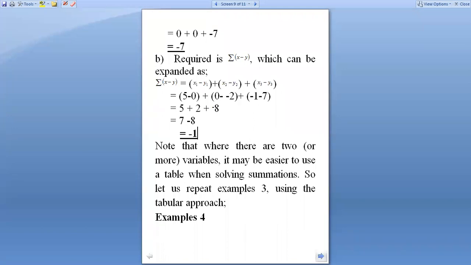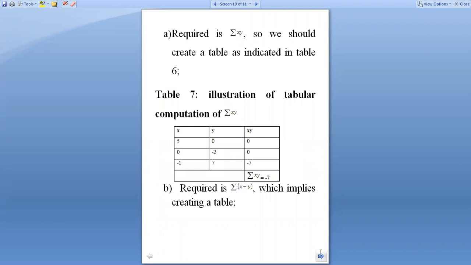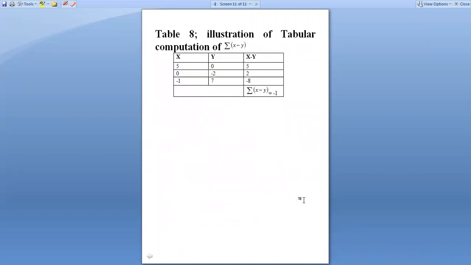So that is how to solve summation notations using a tabular approach, especially summation notations involving 2 or more variables. We shall go on a break after that.